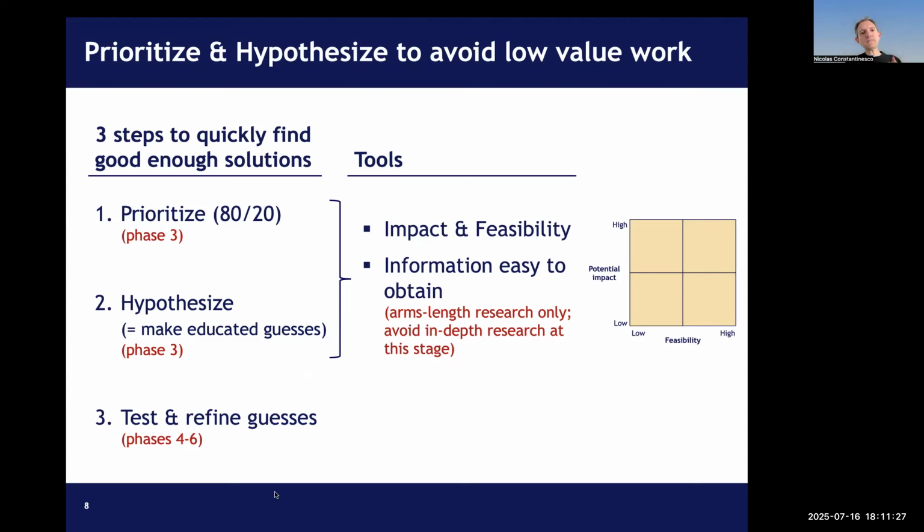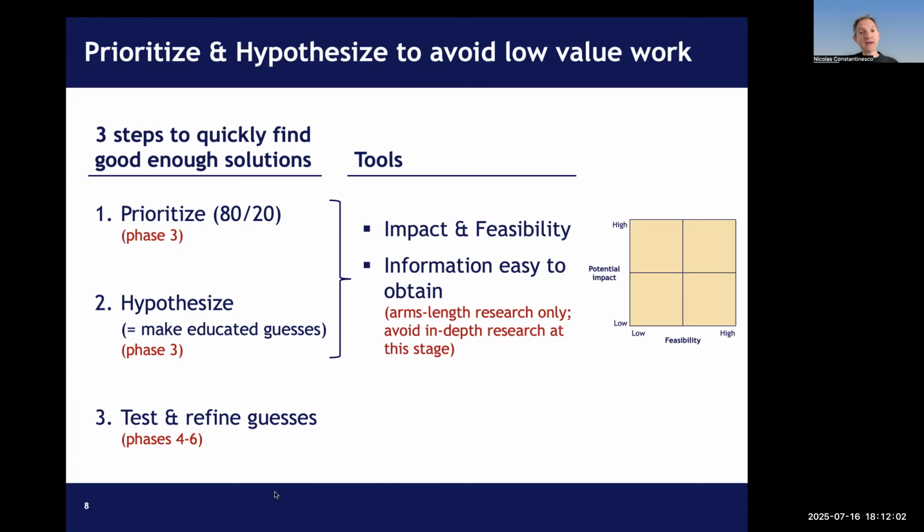And we want to make these assessments based on information that we already have, or information that is relatively easy to obtain. What we want to avoid at this stage is in-depth research, because the in-depth research will come later. The whole idea now is to find very shortcut ways of eliminating the avenues that are likely to be unproductive.